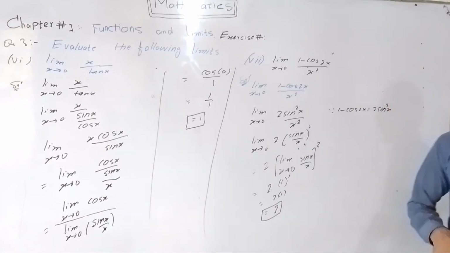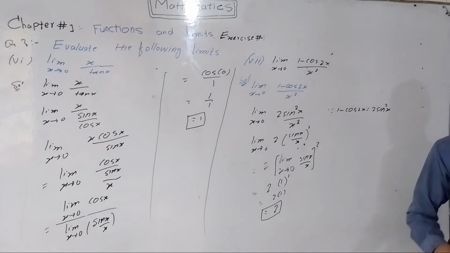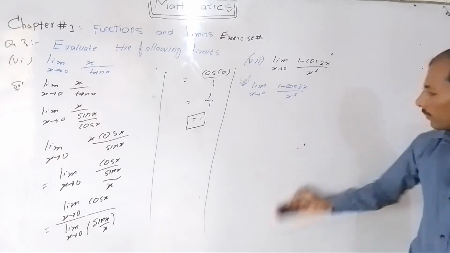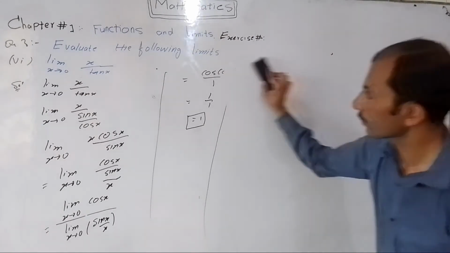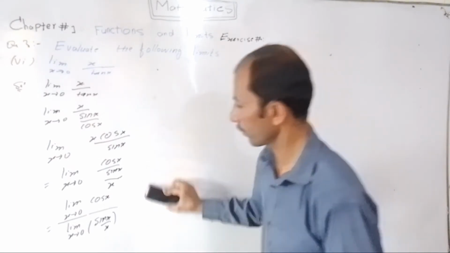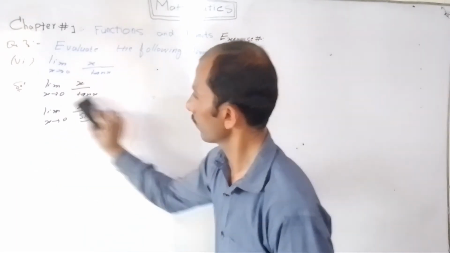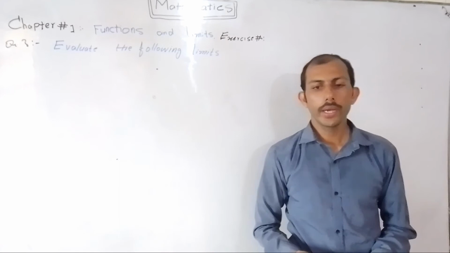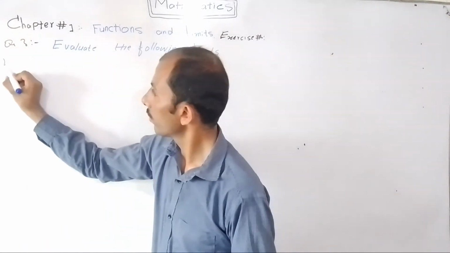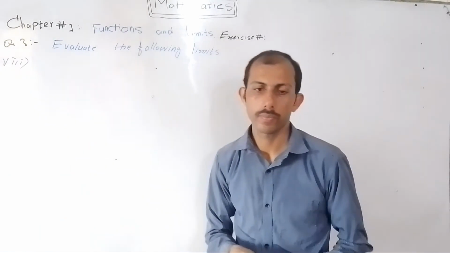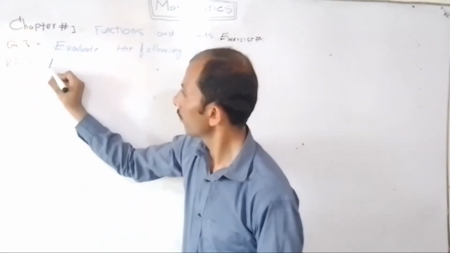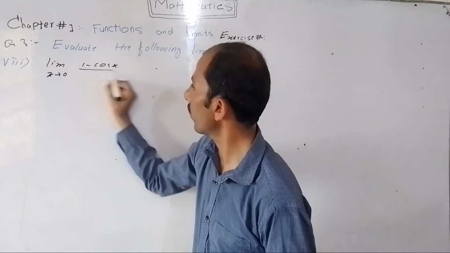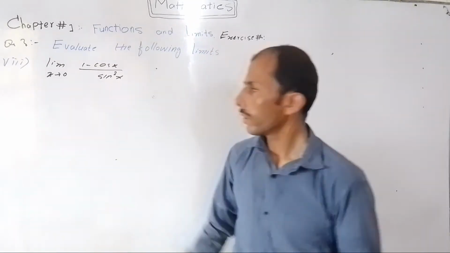Next, part number 8, question 3. Limit x approaches 0, 1 minus cos x divided by sine square x.